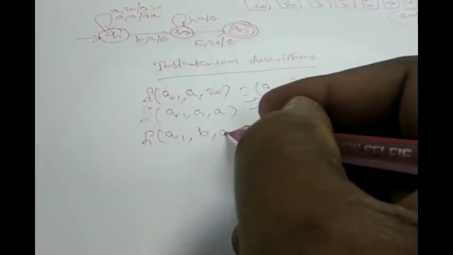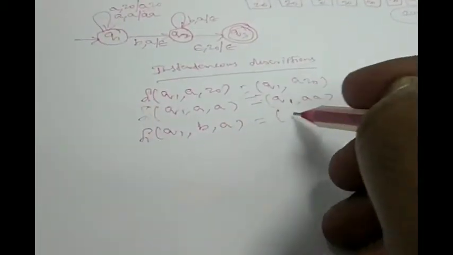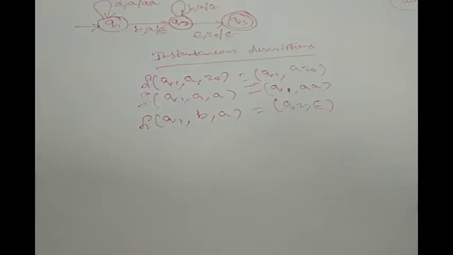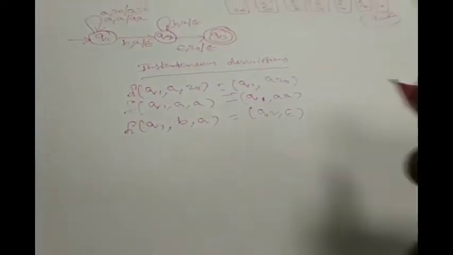Now what is the third transition? The third transition is when input is B, topmost symbol is A, you have to pop it out, and you are moving from state Q1 to Q2. So in Q1, if input is B, topmost symbol is A, you just move to Q2 epsilon. That's it. Okay. Now what is the next transition that takes place in Q2?